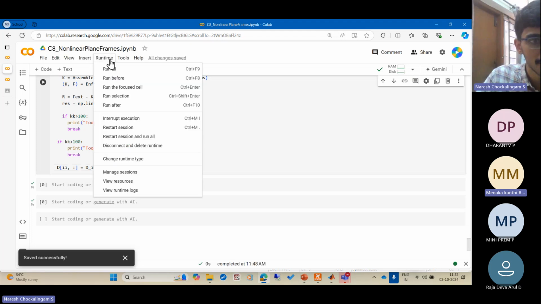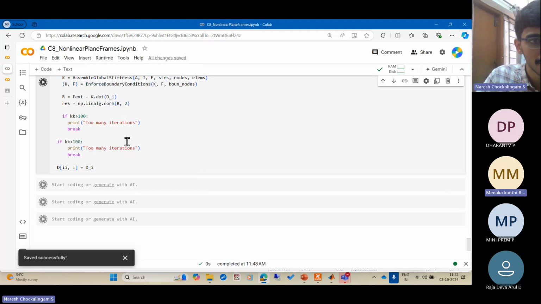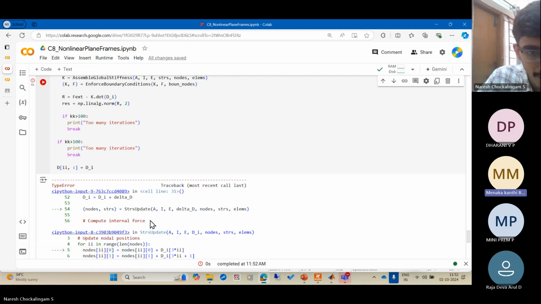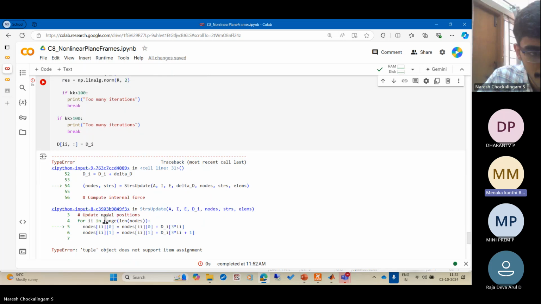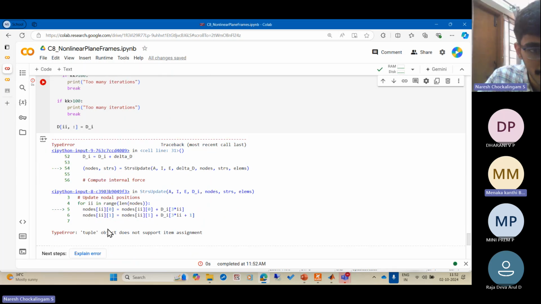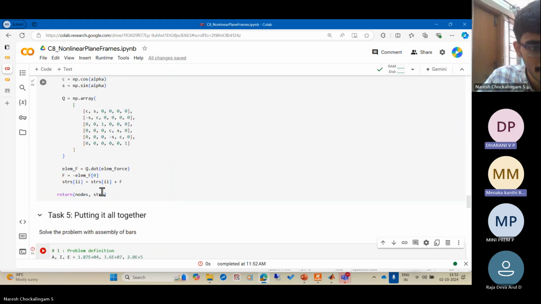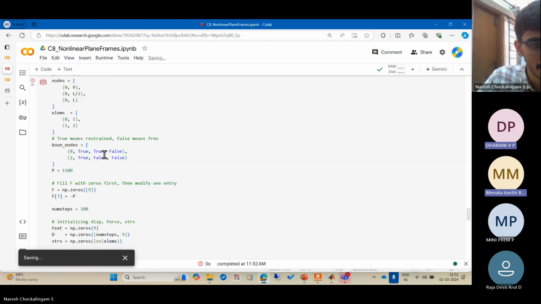So let us see if it runs properly or if there's any error. We'll see that. Okay. Tuple does not... Name of the function set.